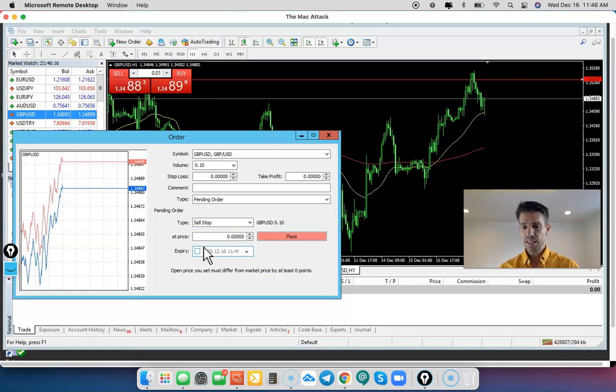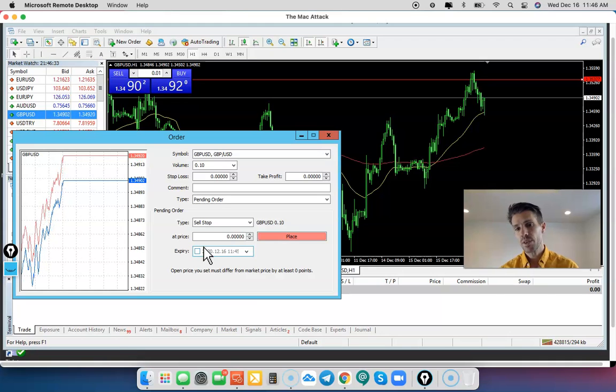So if you think about this with buy stops and sell stops and buy limits and sell limits and so on, with a buy stop and a sell stop, that means we're buying or selling the breakout, right? It's starting to run, and we're getting in on a sell stop at lower than current market price, and we think it's going to run lower, or on a buy stop, we're getting in at higher than current market price because we think it's going to run higher.